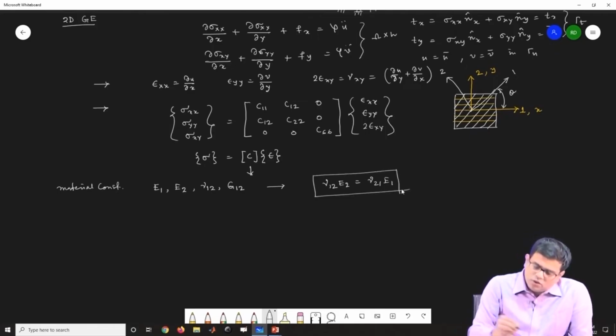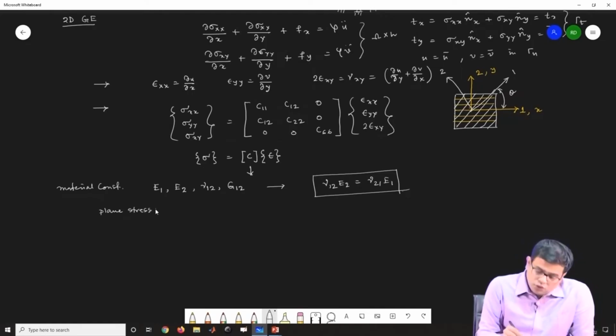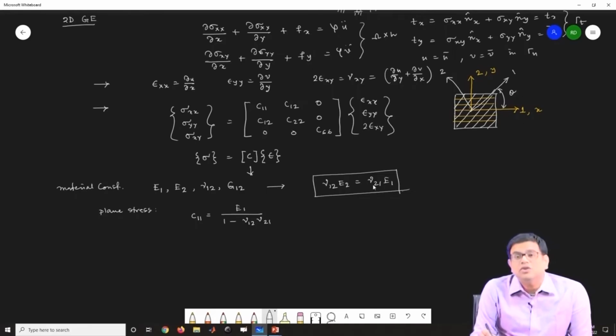So now C11, if I do it for plane stress, you also know that plane stress and plane strain constitutive relations are different. So in case of a plane stress problem, C11 looks like this, that is E1 into 1 minus nu 1 2 nu 2 1. You see nu 2 1 is not an independent material constant because it is related to the other 3 independent material constants. This is just for simplicity in writing.